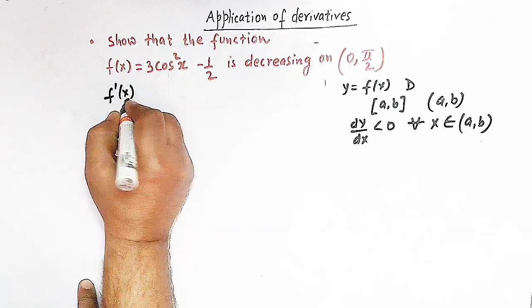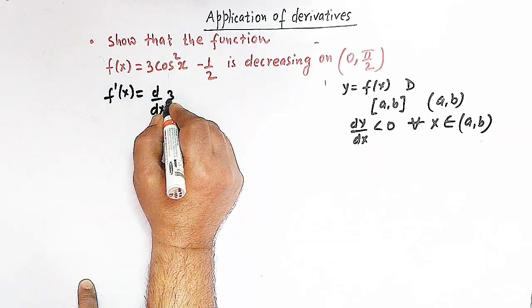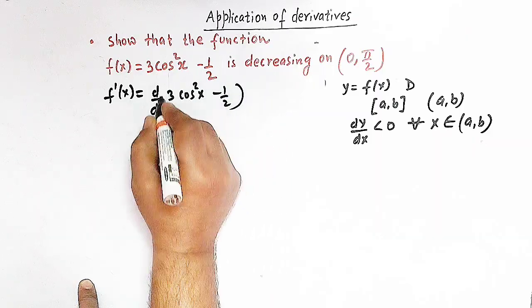So f prime of x is given by d by dx of 3 times cos square x minus half, right?